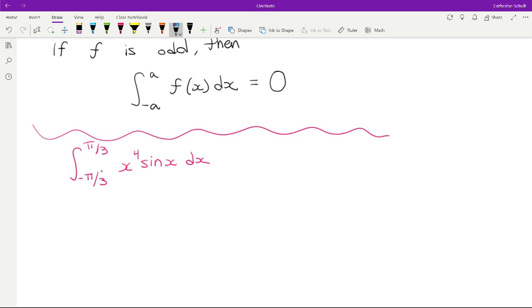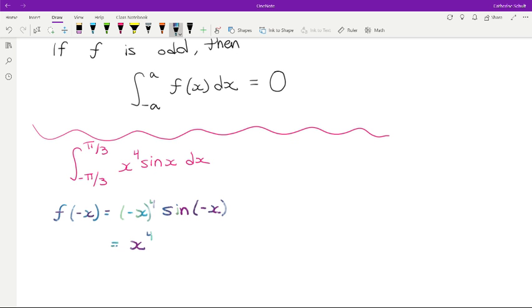So that's why realizing that this is like a negative a to a situation is important. So let's see what happens when we plug in negative x. So negative x to the 4th sine of negative x. Okay, well, negative x to the 4th is going to become positive.